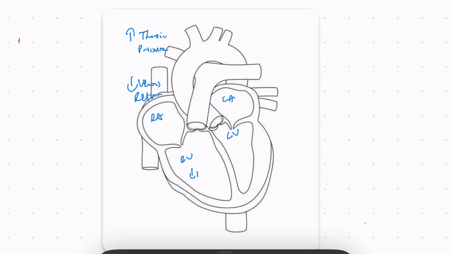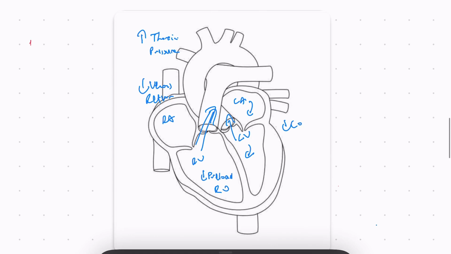Preload then decreases to the RV, and therefore less output into the pulmonary artery, less filling into the LV, and then less cardiac output, and therefore less MAP or decreased MAP. So trying to avoid positive pressure ventilation in these cases in particular is very important.